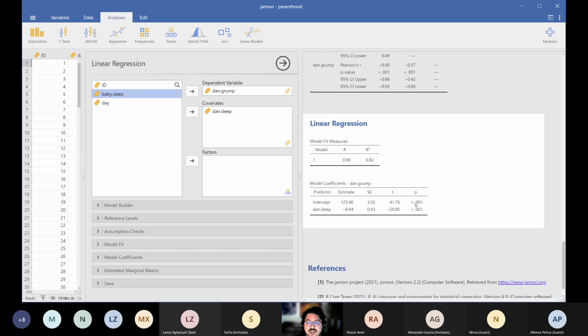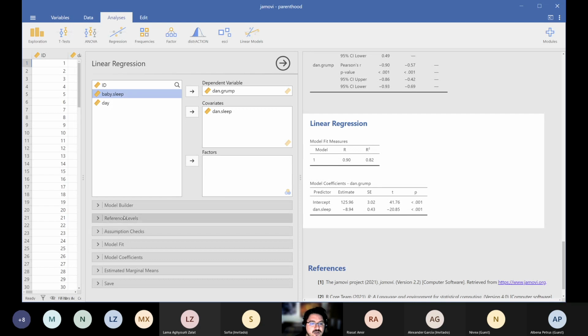For both these estimates there's a test, and the probability of observing those estimates if they were actually 0, which would mean they are not there at all, is very low. Therefore, we are happy with these values in particular.